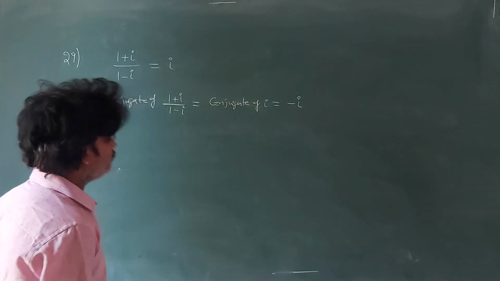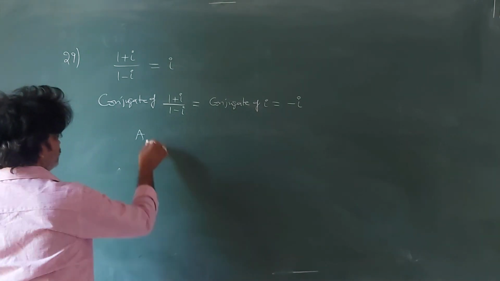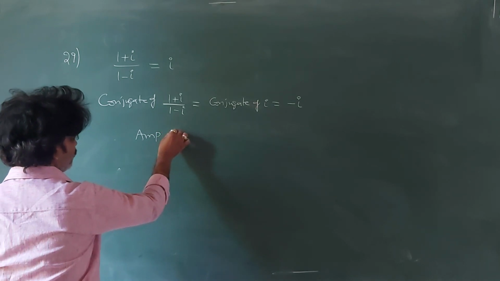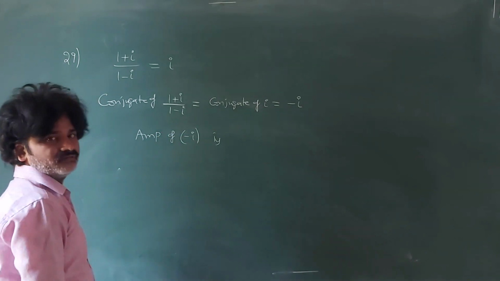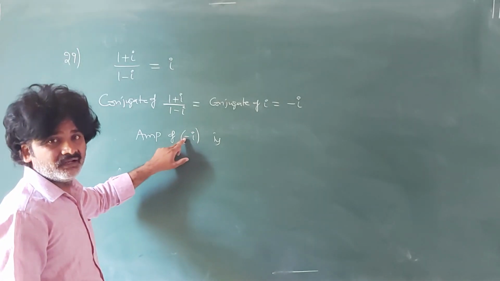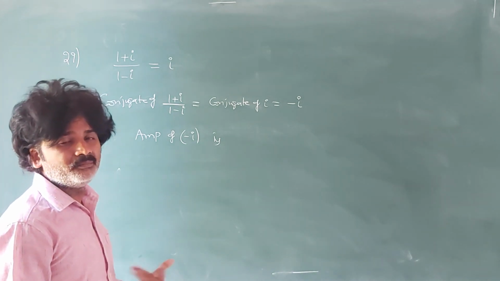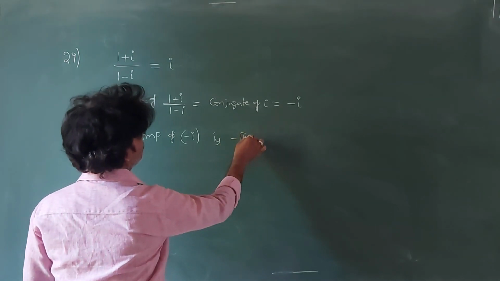What we need is its argument. Simply we need argument or amplitude, both are same. I am writing amplitude. So the amplitude of minus I is, tell how much? As I said, it is a purely imaginary number, and that too negative. So for a purely imaginary number bI where b is negative, what is the answer?